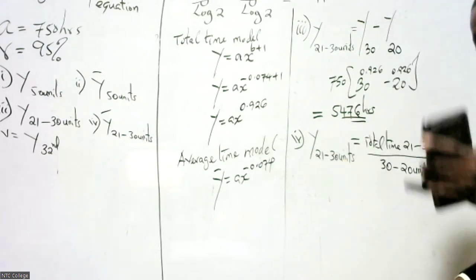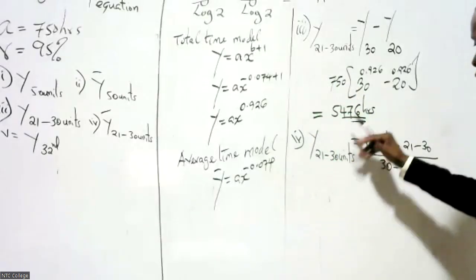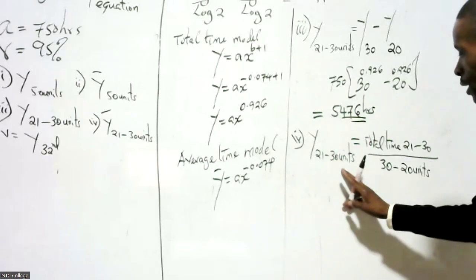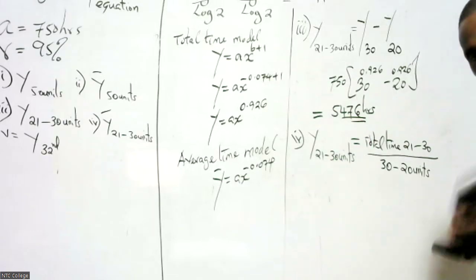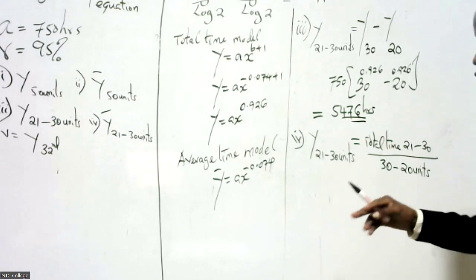Not 21, it is 20 units, because the 21st is inclusive. We got that. Average time to produce 21 to 30. If you use the model, you will get negative hours. That one, I guarantee you, you can try at your own time. Using the model, you will get negative.